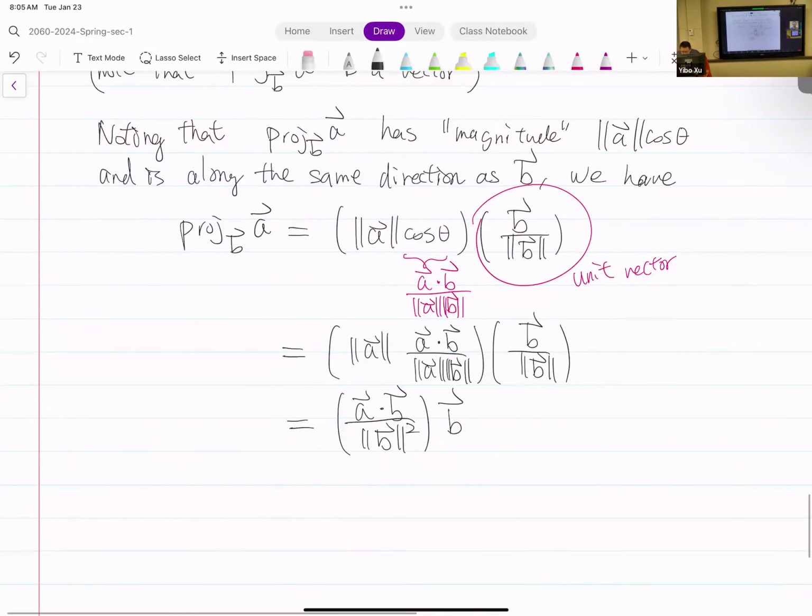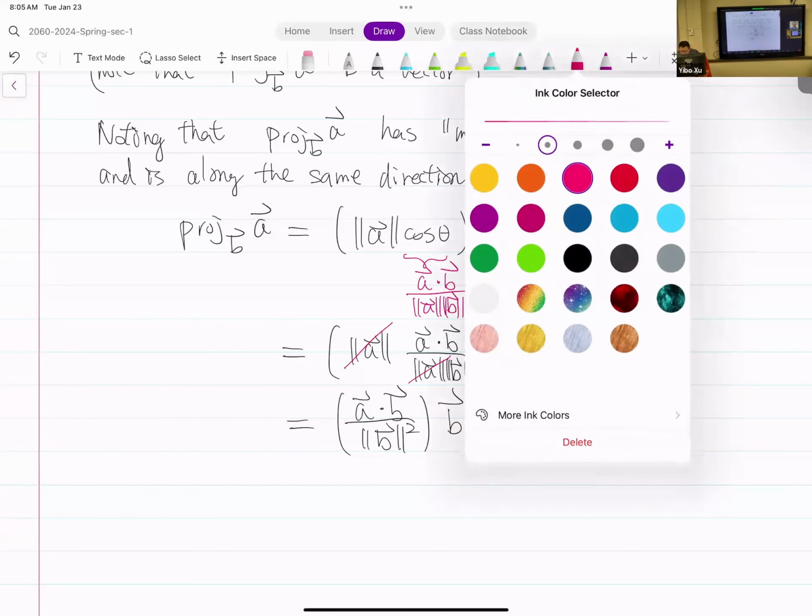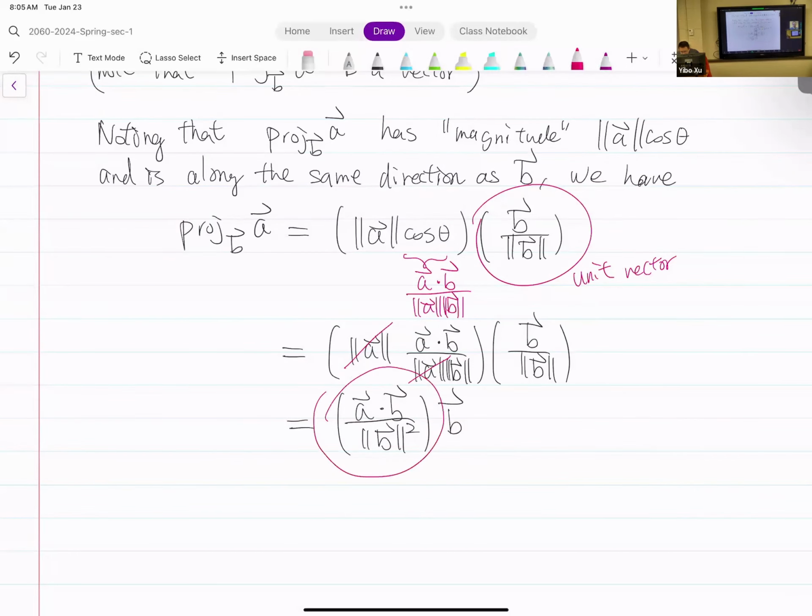And then doing the substitution, the magnitudes of A are common and cancel. So essentially, if I write everything in terms of B, it's going to be this quantity times B.